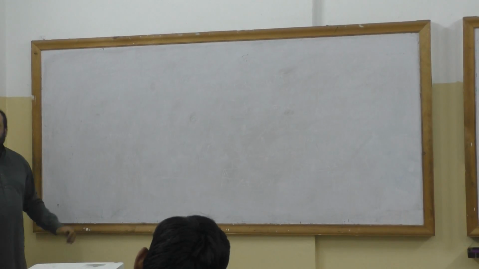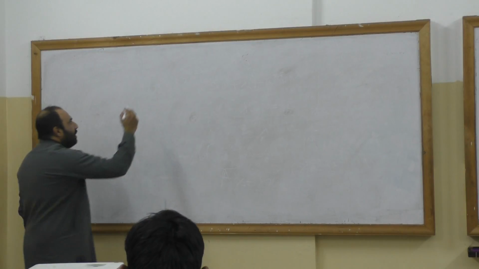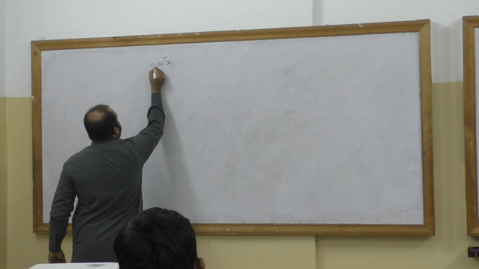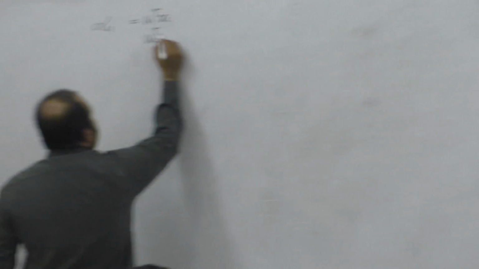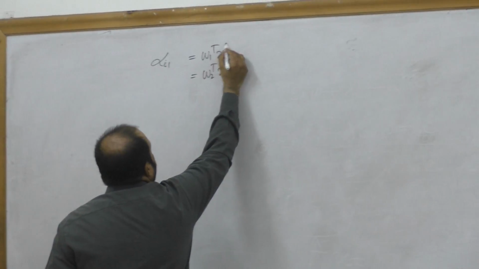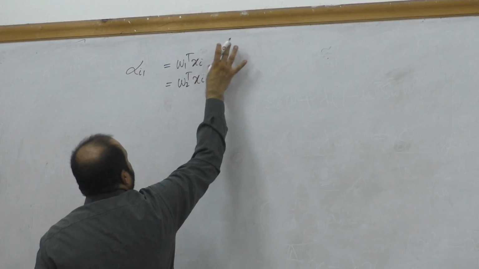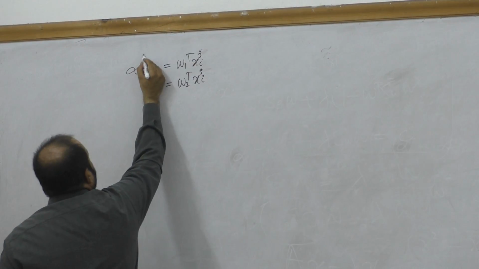Let us define the within class vector for the multi-dimensional case. In the multi-dimensional case, we have W1 transpose xi, and that is alpha i1. Then we have W2 transpose xi, let's say xij of class j, the jth class.